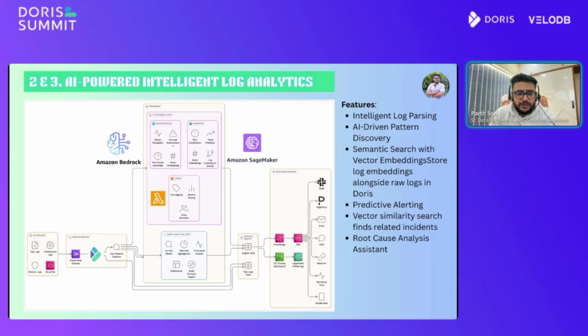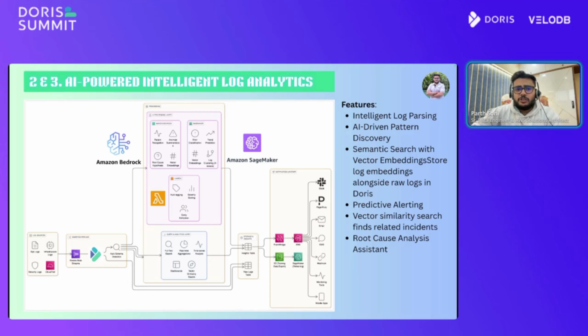And our on-call engineers are happier because they spend less time hunting through the logs and more time actually fixing the problems. That's the real win: better operations, happier team, and lower cost. That's the trifecta. So that's the high-level gist of this architecture where we utilize Doris with the AWS services.